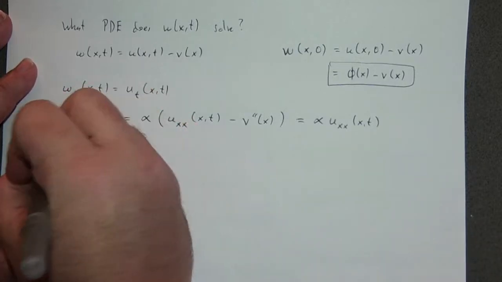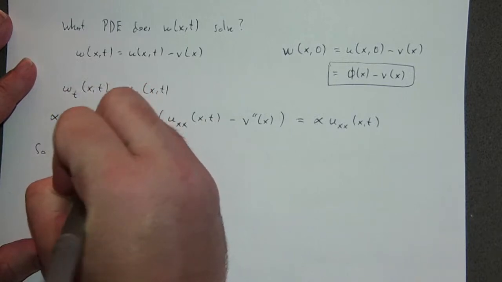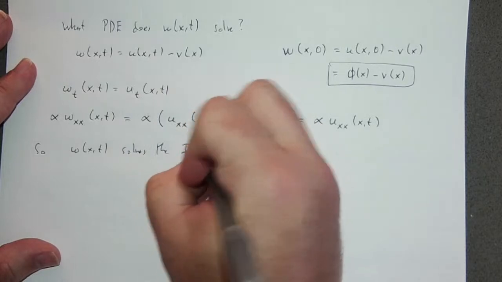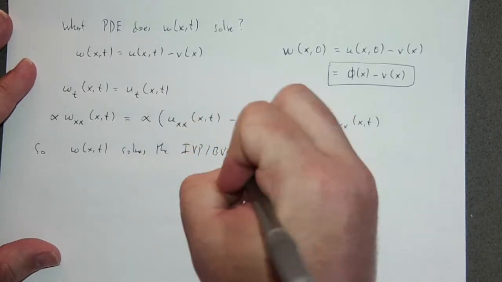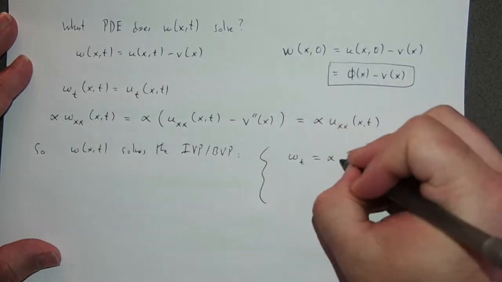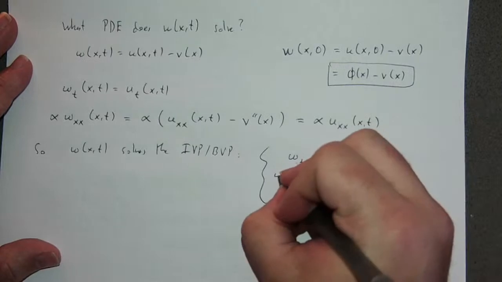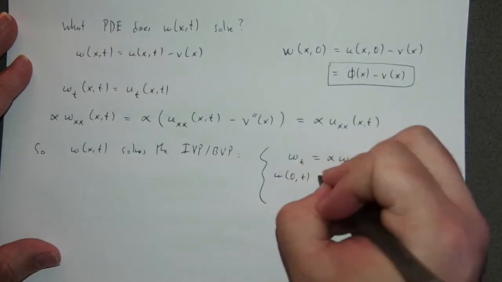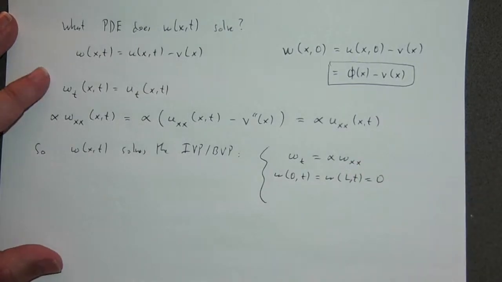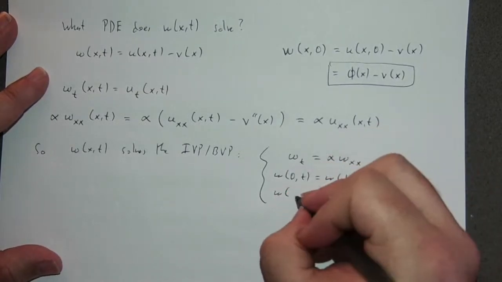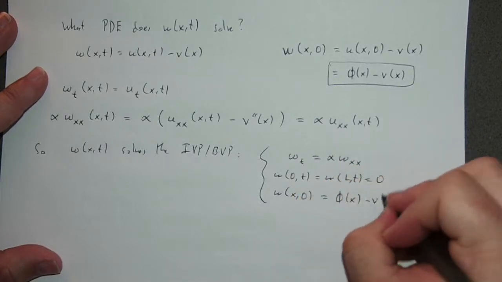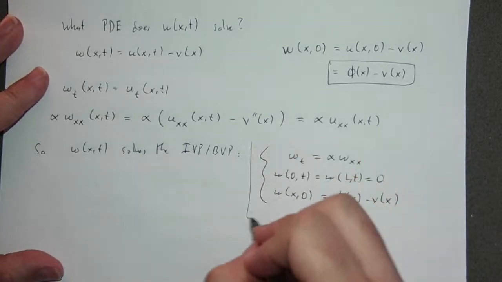And so W of x,t solves the IVP-BVP: W sub t equals alpha W sub xx, W of 0,t equals W of L,t, which is 0, and W of x,0 is phi of x minus V of x, where V of x is that steady state solution.